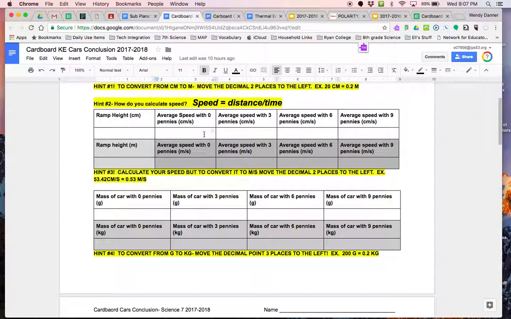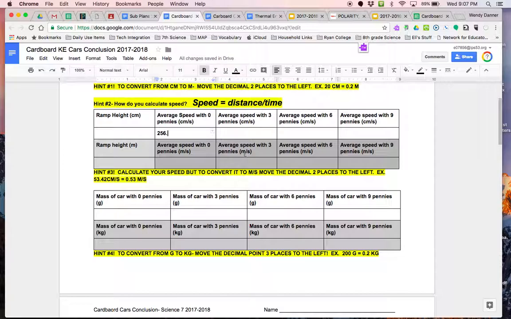So let's say that the average speed is 256 centimeters per second. If I take my decimal point and move it to the left, right now my decimal point is understood, meaning it's invisible, right there.